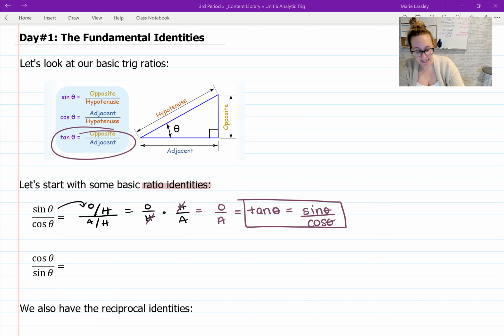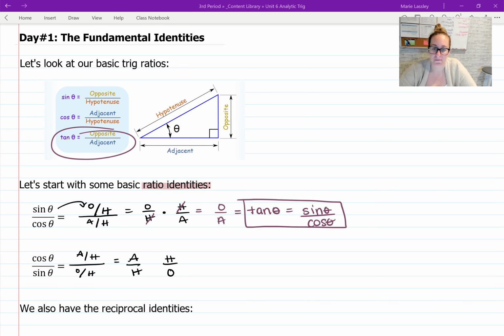All right, the second one, cosine over sine. I bet you can guess where this is going, but we're going to walk through it anyways. Cosine is adjacent over hypotenuse divided by sine, which is opposite over hypotenuse. We have a fraction divided by a fraction, so we're going to keep the first, flip the second, and change it to multiplication.